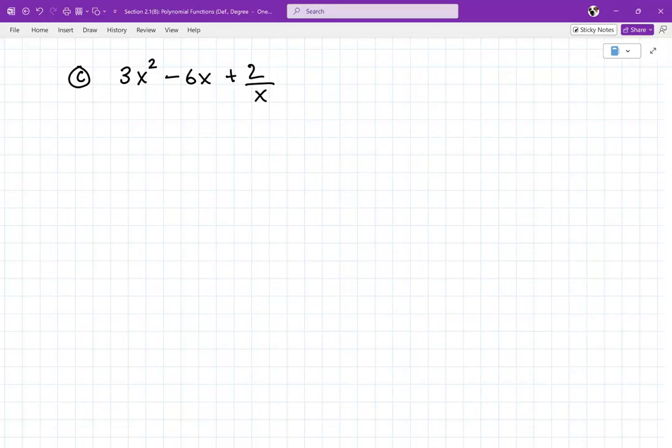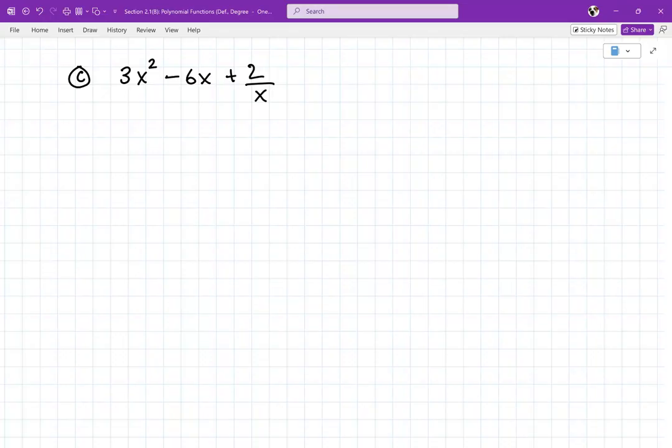But what did I tell you? If the variable is in the denominator, what is its power? It's negative. This is a negative power. Can a polynomial have negative powers according to the definition? No. Powers have to be positive and whole numbers.